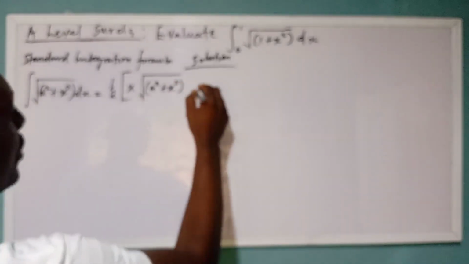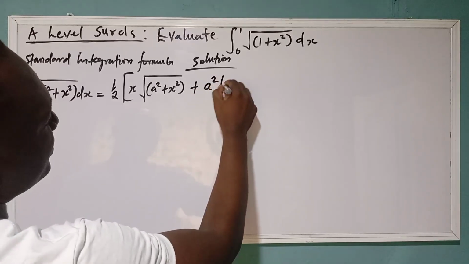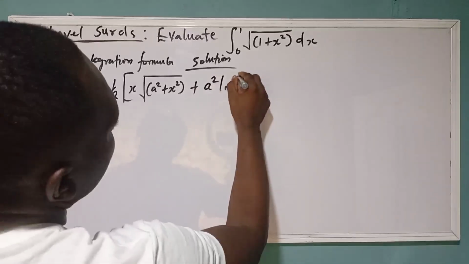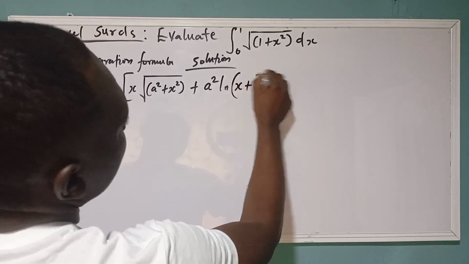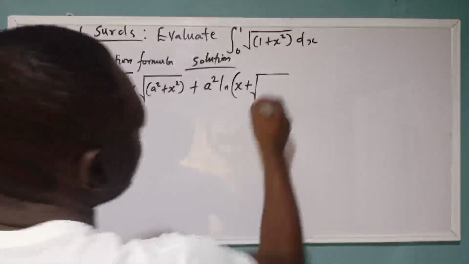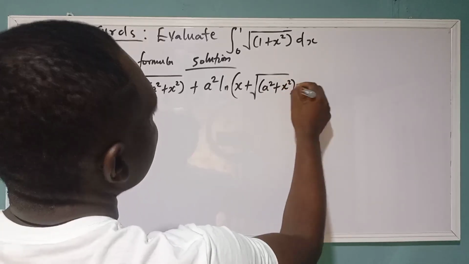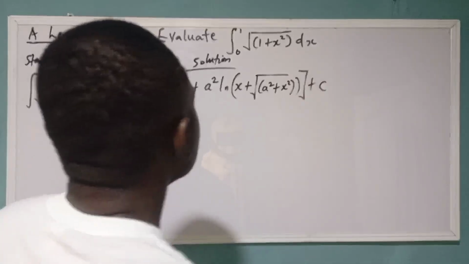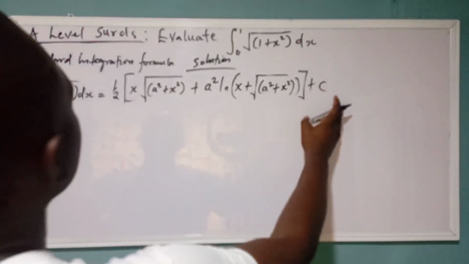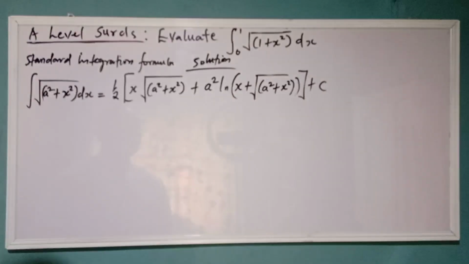Then we'll have plus a squared ln open bracket x plus square root of a squared plus x squared, then plus c. So this is the standard integration formula that relates to this kind of a problem.